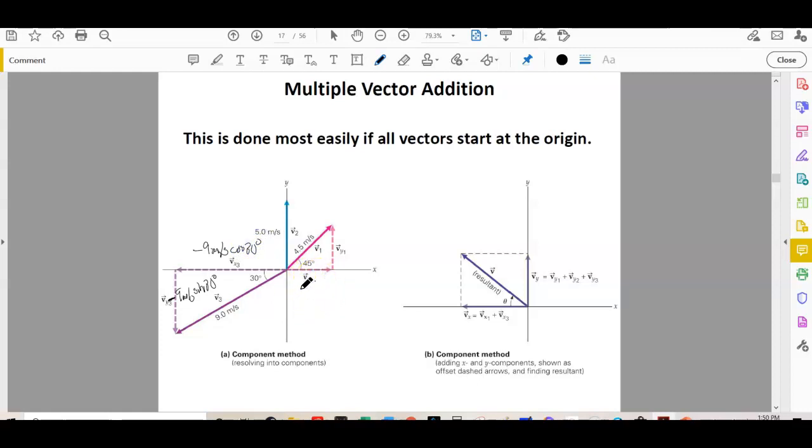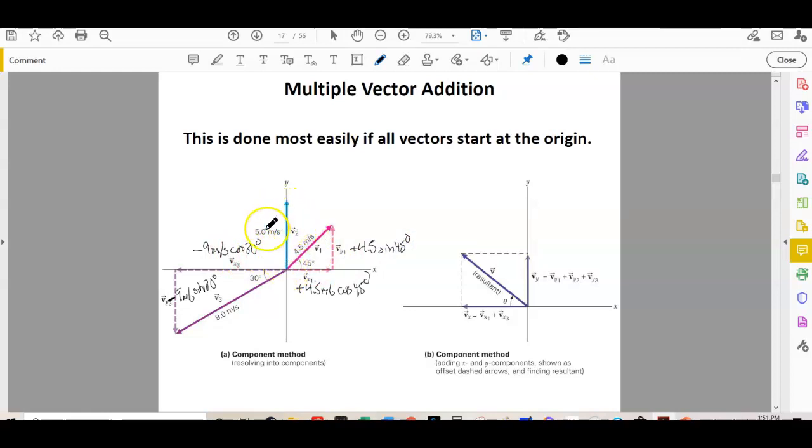I said this one before. This is going to be pointed to the right, 4.5 meters per second, cosine of 45 degrees. And this is going to be positive 4.5 because it's pointed up, sine of 45 degrees, right? Well, and we have a V2 vector that is only pointed up.